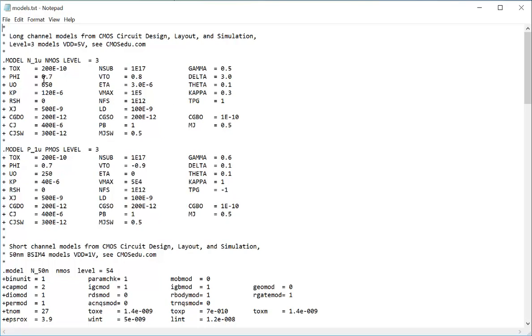This defines all the physical parameters of the transistor in the process. So that's defined by the manufacturer or the foundry. For example, the Tox, which is the thickness of the oxide, which is this much, right? VTO is the threshold voltage, which is 0.8 volts.